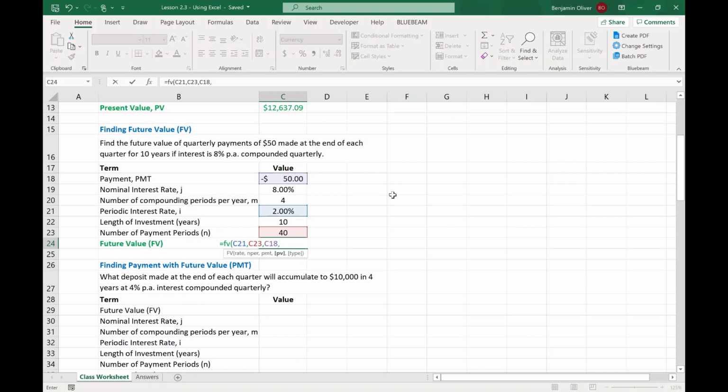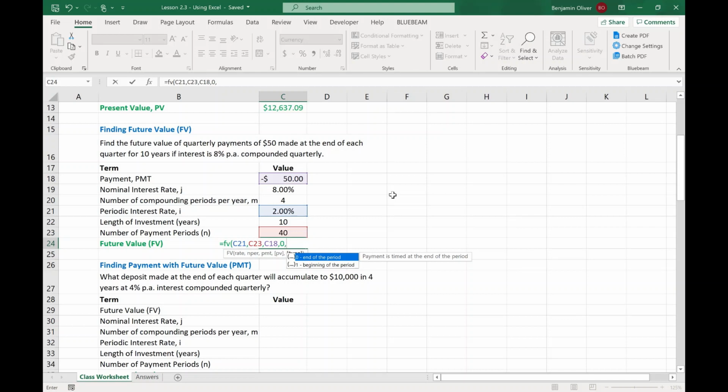Then once again, we have two items that are in square brackets, meaning optional. PV, which is present value if you knew that. We don't have that provided in our question. Type in 0. And our last item is, are the payments at the end of the period or the beginning of the period? Remember, this is ordinary simple annuities.